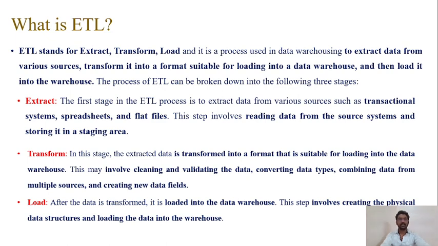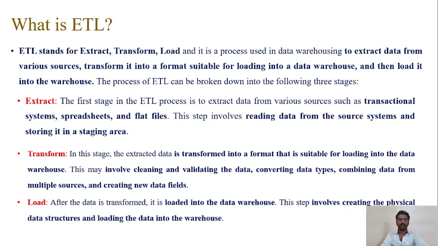It involves cleaning, validating the data, converting data types, compiling data from multiple sources, and creating new data files. The last stage is the load stage. Here the data is transferred and loaded into the data warehouse. It involves the physical data structure and loading the data into the data warehouse.